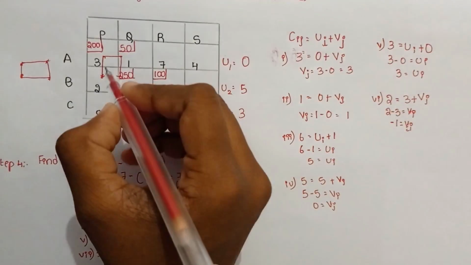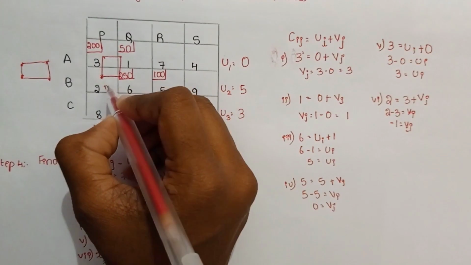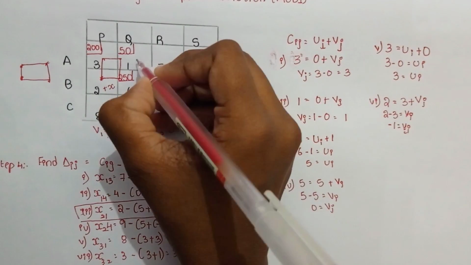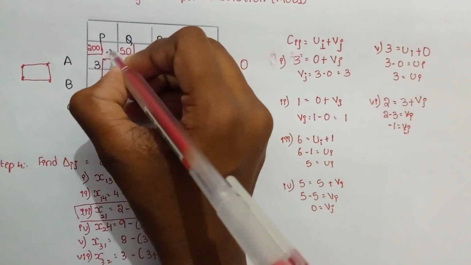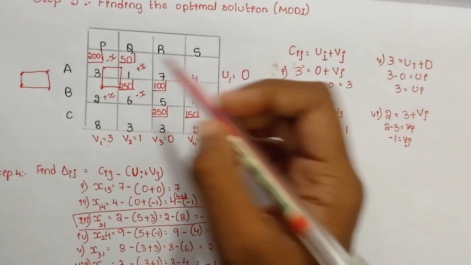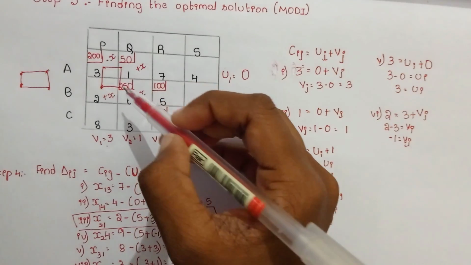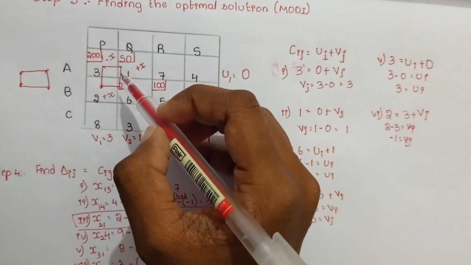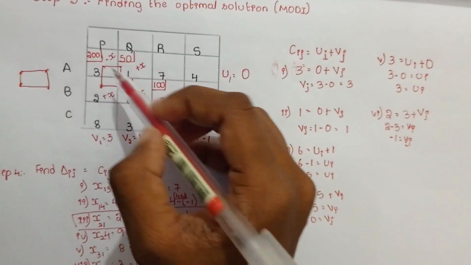Okay, so this will be indicated as plus x, and this will be indicated as minus x, this as plus x, and this will be represented as minus x. Now we have to consider only the minus x cells. In these 4 corners, the minus x cells are this and this.